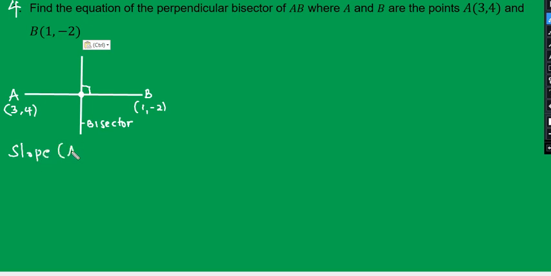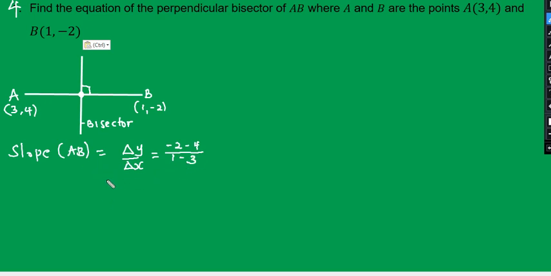So let us begin by finding the slope of AB. We just find the change in y, delta y over delta x. That's how I find the gradient. So the change in y, I will take -2 minus 4, then x2 minus x1, so 1 minus 3.